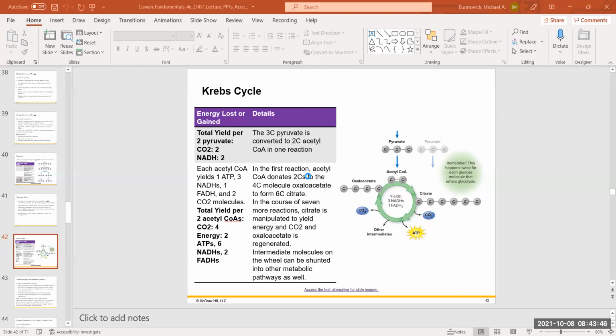Another group of organisms can use sulfate as their electron acceptor. Sulfate will be reduced to sulfide. Hydrogen sulfide smells like rotten eggs.